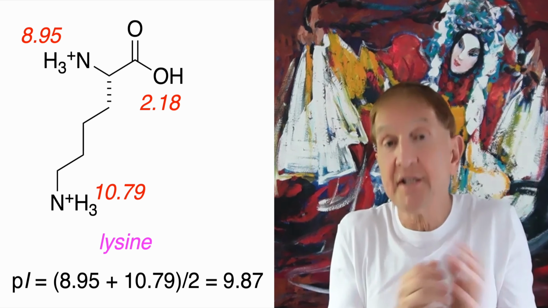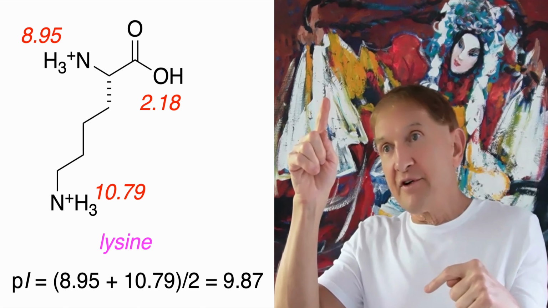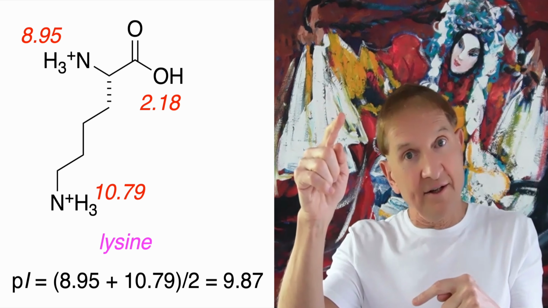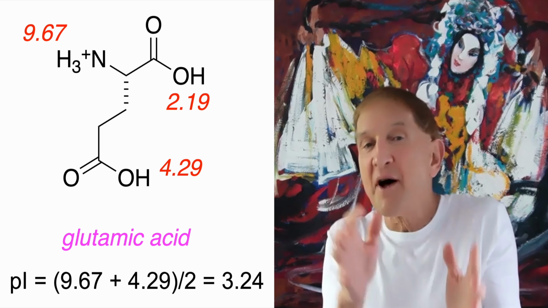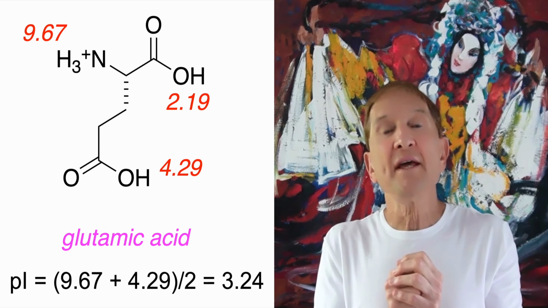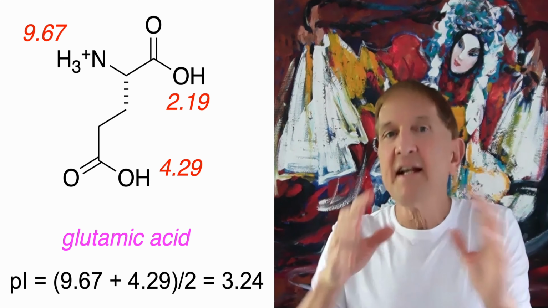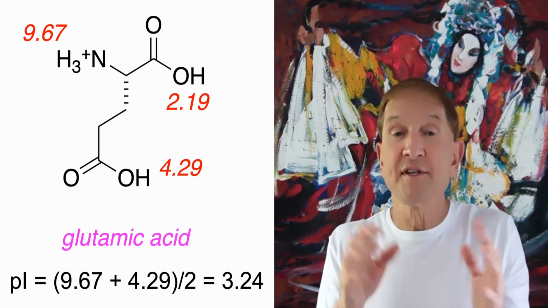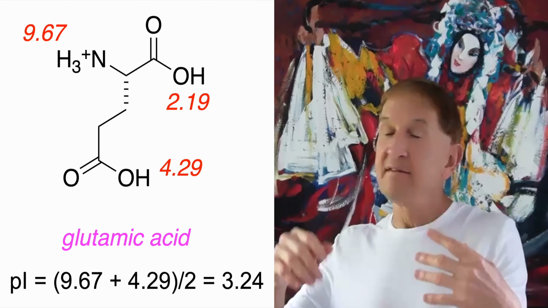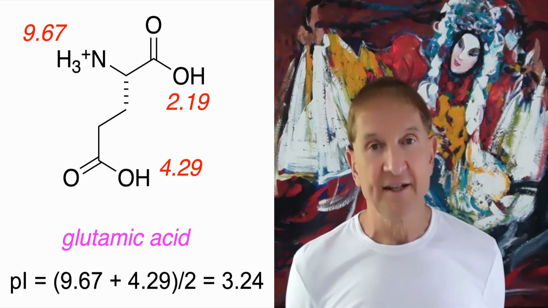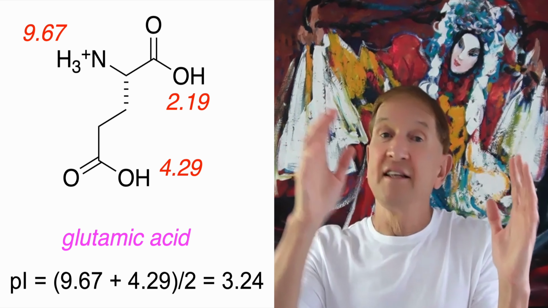And if the side chain is basic, like lysine, then the pI value is the average of the two basic groups. If the side chain is acidic, like in aspartic acid or glutamic acid, the pI value is the average of the two acidic groups. Lysine is a basic amino acid because its pI value is greater than 7. Glutamic acid and aspartic acid are acidic amino acids because their pI values are less than 7.